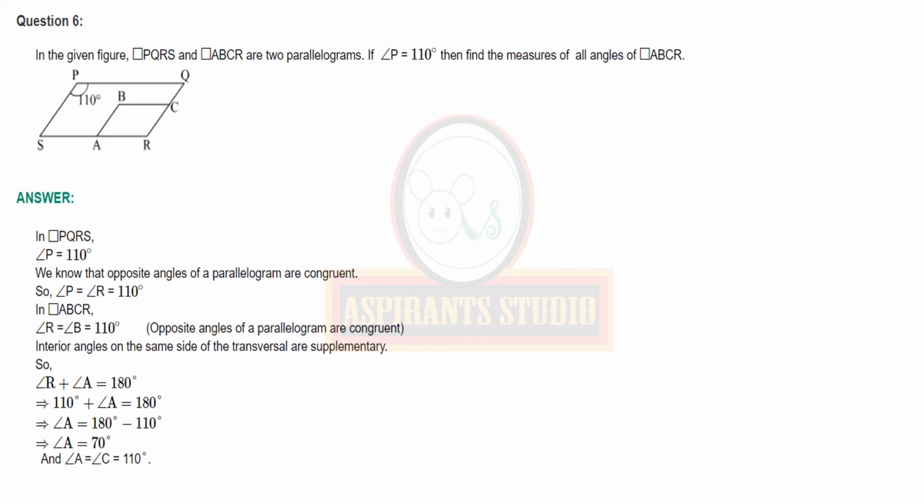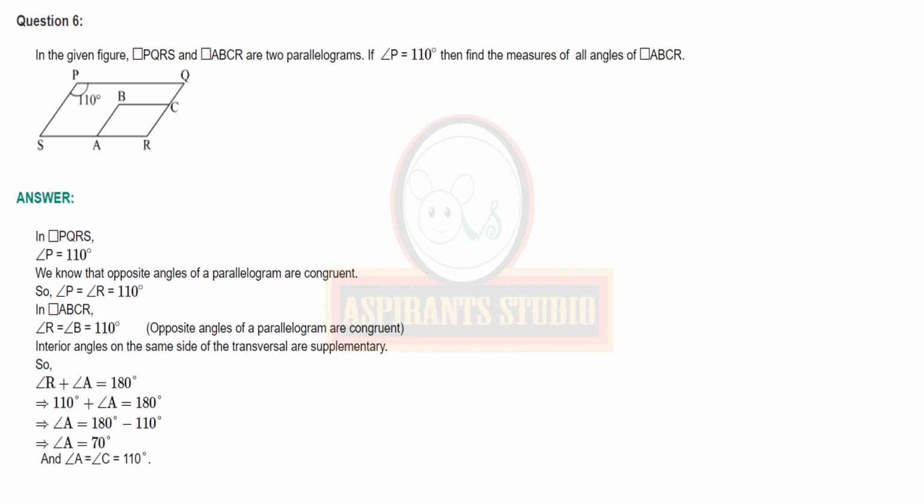Now we know that interior angles on the same side of the transversal are supplementary. So if you take the parallelogram ABCR, take AB and CR to be parallel because they are opposite sides, and transversal, then you get angle R and angle A to be interior angles.